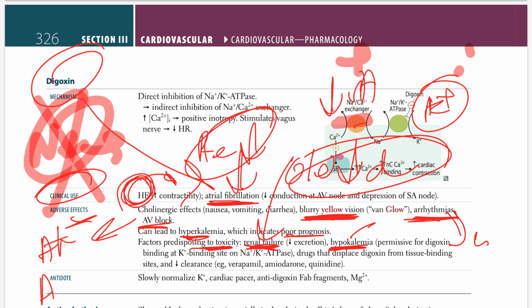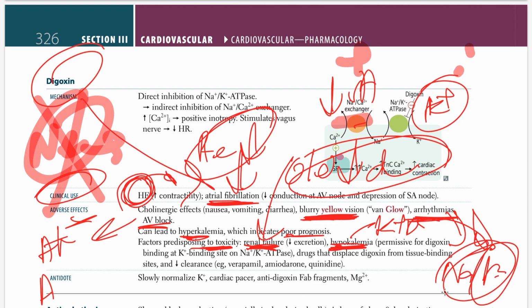Hypokalemia, because potassium and digoxin bind to the same site on the sodium potassium ATPase channel. So if you have hypokalemia, more and more digoxin will bind to the channel, causing inhibition of that channel, causing toxicity. Okay, and also the drugs that displace digoxin from the tissue binding sites or decrease clearance.